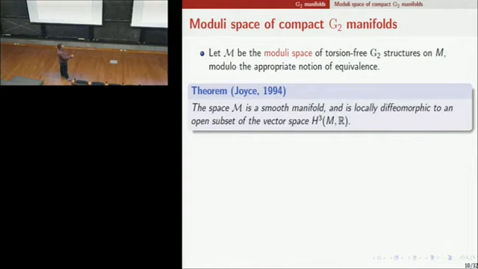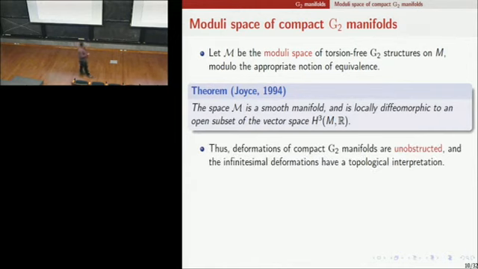Right? So in fact, the map is, if you take a torsion-free G2 structure on M, an equivalence class of those modulo diffeomorphisms, and you map it to the cohomology class, because any representative is a closed 3-form, and pullback by diffeomorphisms preserves the cohomology class. So if you map it to its cohomology class, this is a local diffeomorphism.